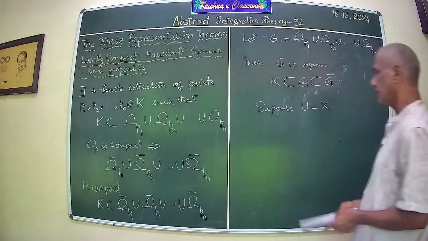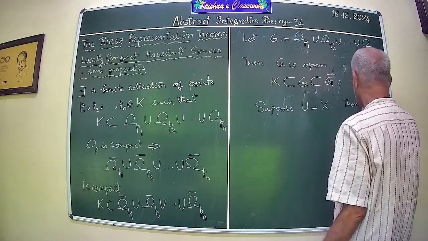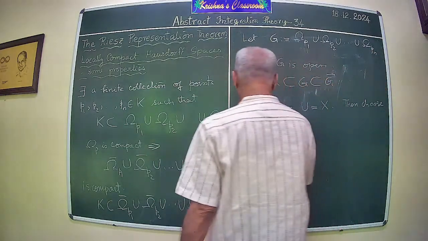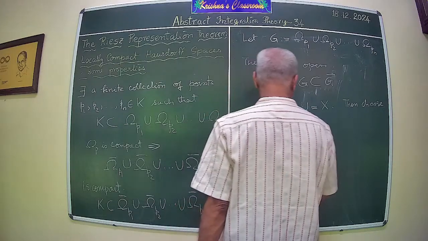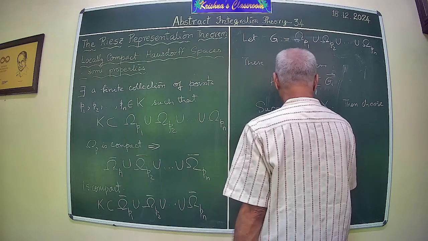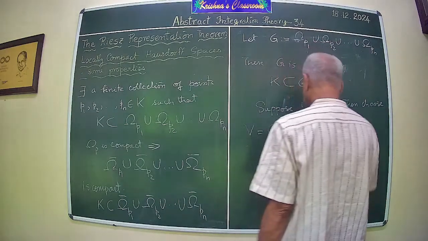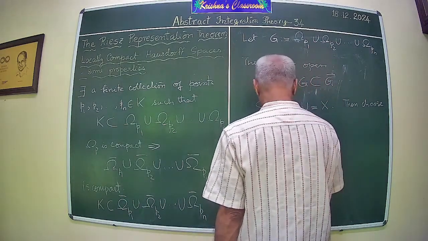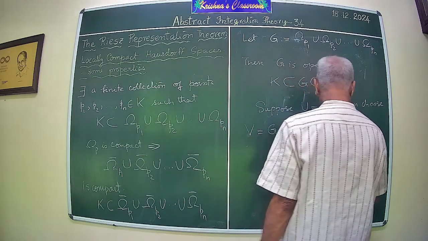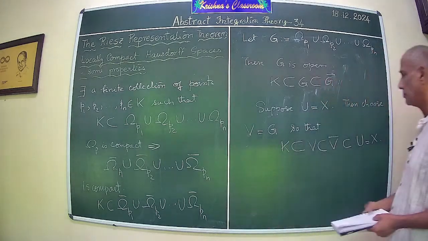Now suppose U equals X. Then it is not complicated at all. Then choose B to be equal to G, so that we have the following: K contained in B, the closure of B is contained in, obviously, U, which is equal to X. That is obvious.